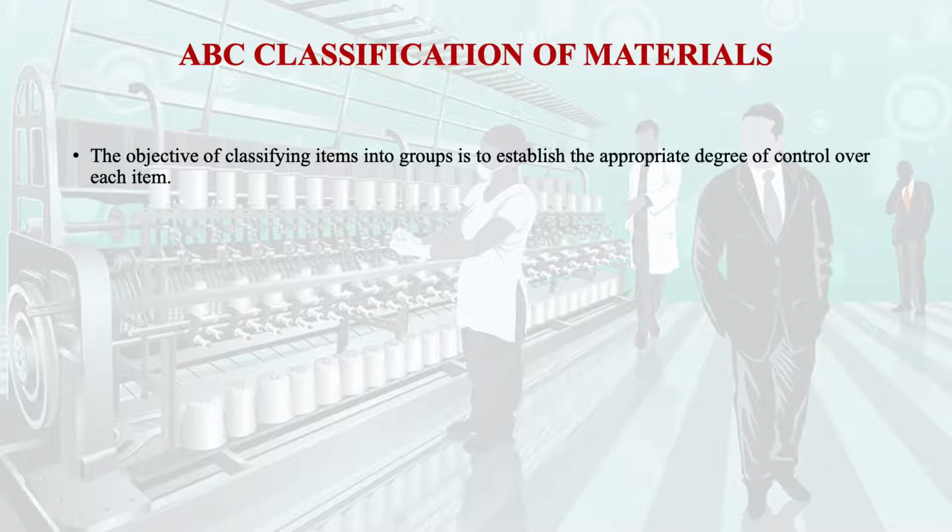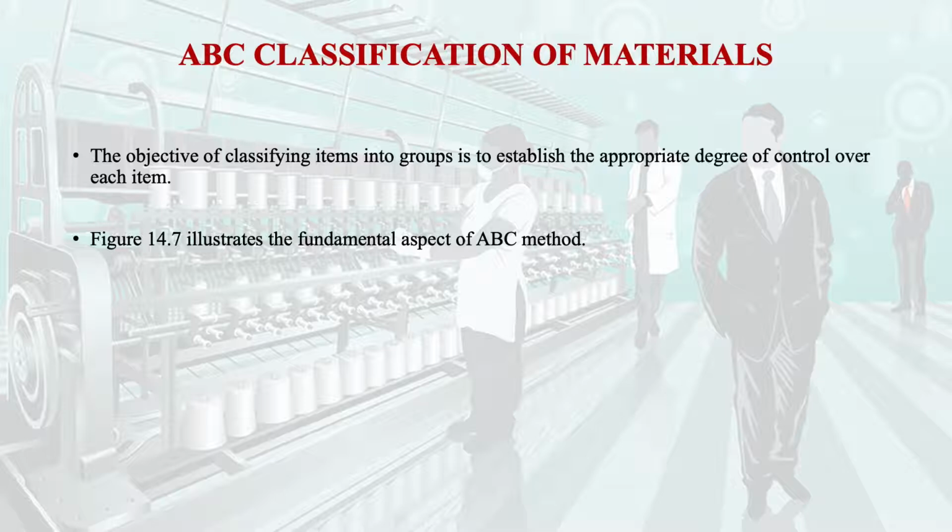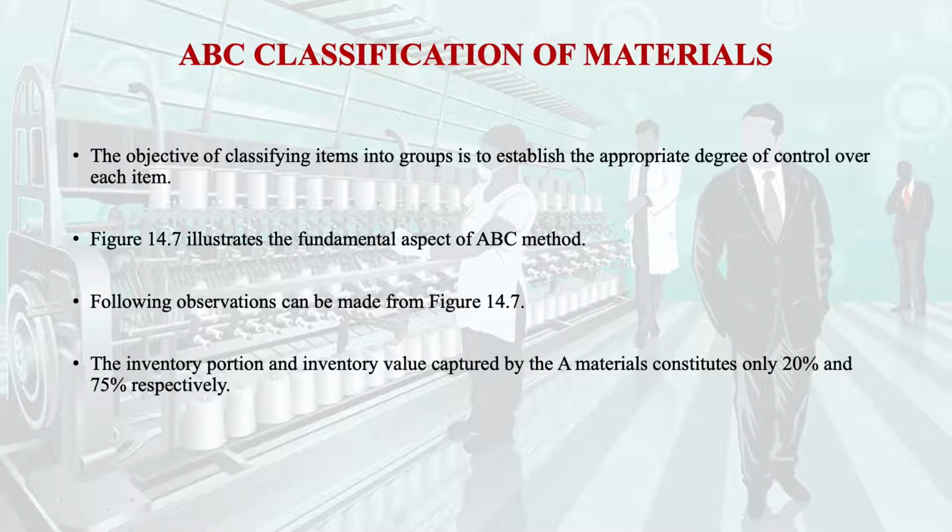The objective of classifying items into groups is to establish the appropriate degree of control over each item. We will show you a figure of ABC classification, and you can make observations on the basis of that figure. The inventory portion and inventory value captured by A category material constitute 20% and 75% respectively.